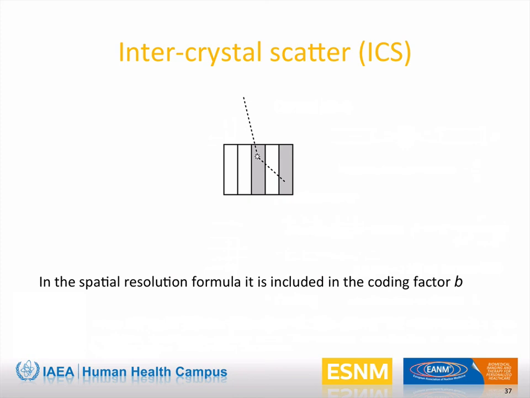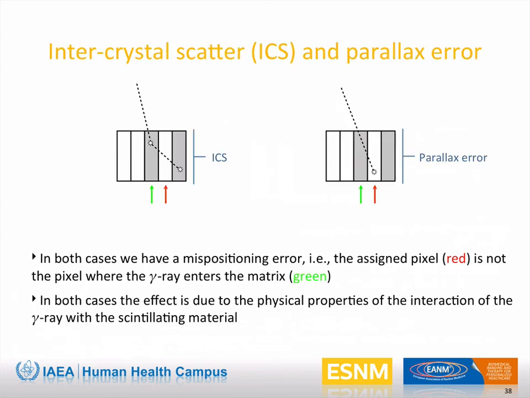Intercrystal scatter is an event where the gamma ray interacts in a crystal, indicated in gray in the picture, suffers a Compton scattering, and then interacts again in another crystal in the neighborhood, again indicated in gray. In a sense, intercrystal scatter is similar to parallax error.